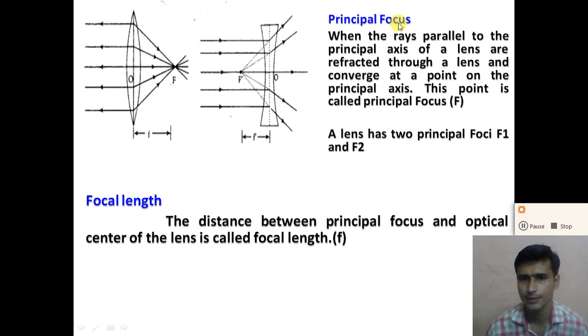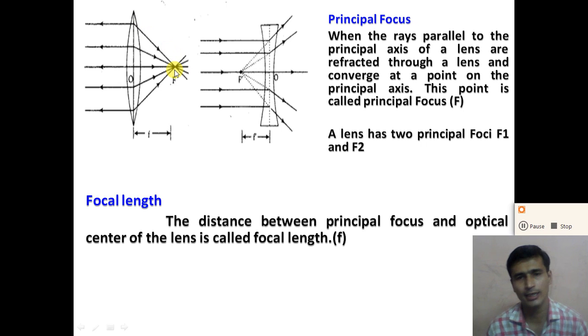Now next, the principal focus. What do you mean by the principal focus? When the rays parallel to the principal axis of the lens are refracted through a lens and converge at a point on the principal axis. So when we consider a convex lens, when the rays parallel to the principal axis are incident on the lens, after refraction the rays converge at a point, and this point is called the principal focus of the convex lens.